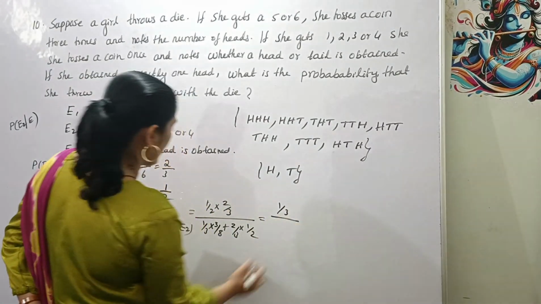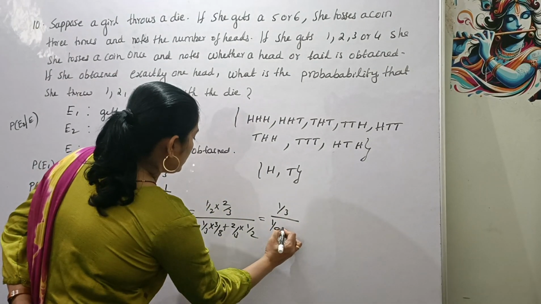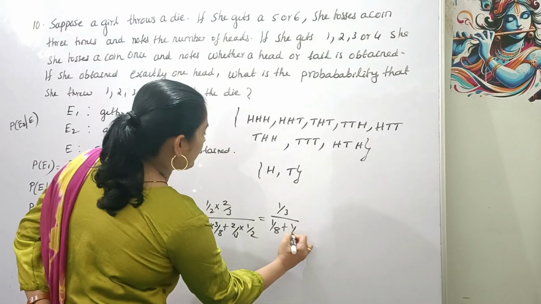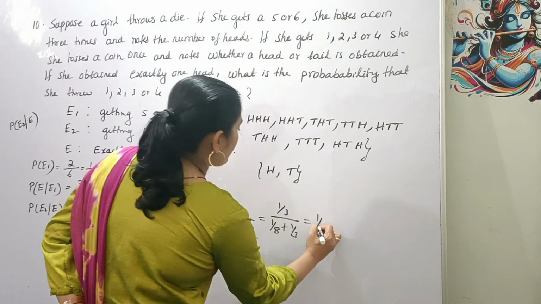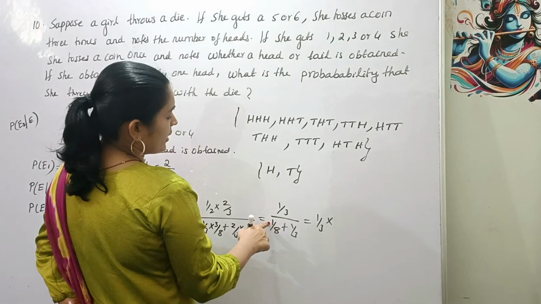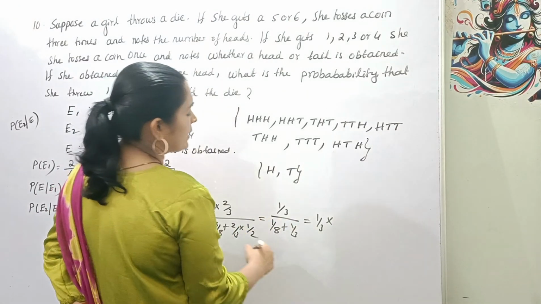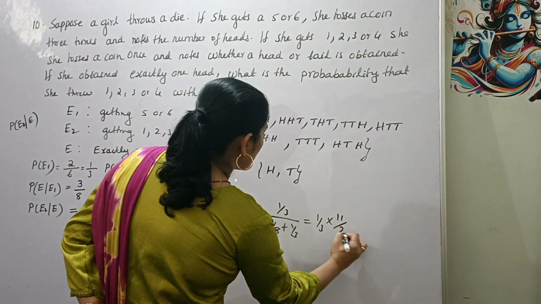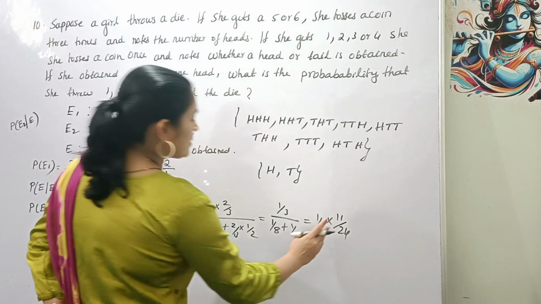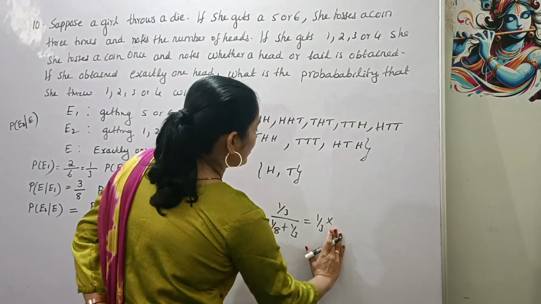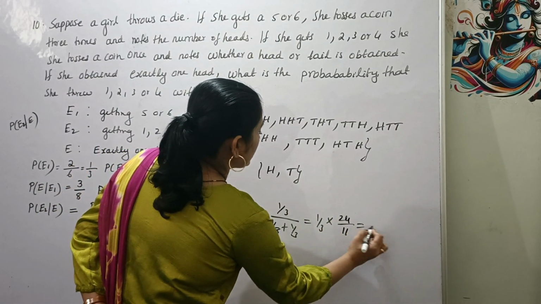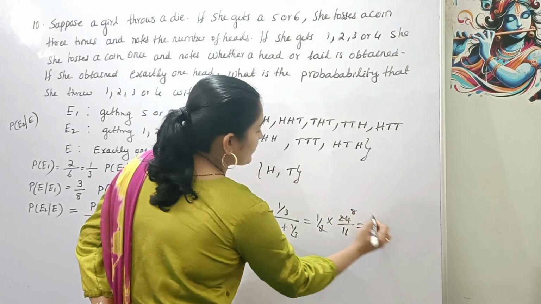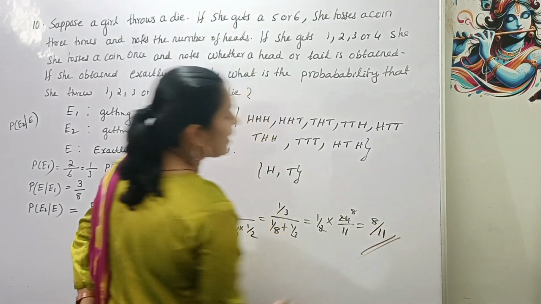So 1 by 3 divided by 1 by 8 plus 1 by 3. That is 1 by 3 into, here it is 3 plus 8, that is 11. 11 by 24. Right? 24 by 11. That is equal to 3 8s. So 8 by 11 is the answer.